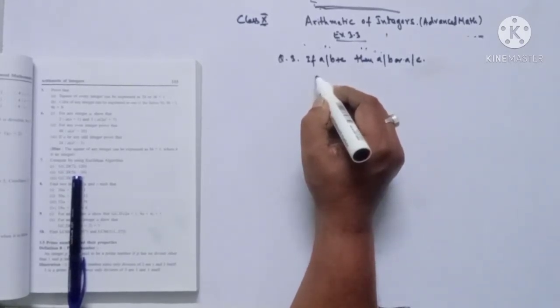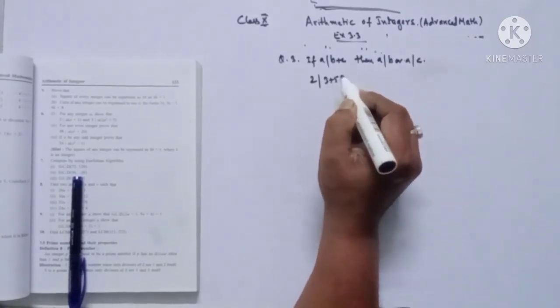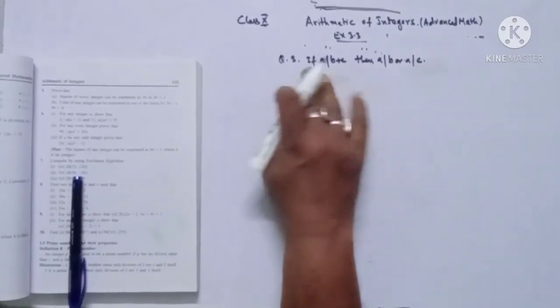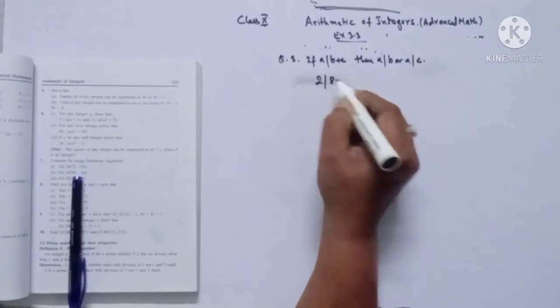We can take an example, that is 2 divides 3 plus 5, or you can say that first of all 2 divides 8.